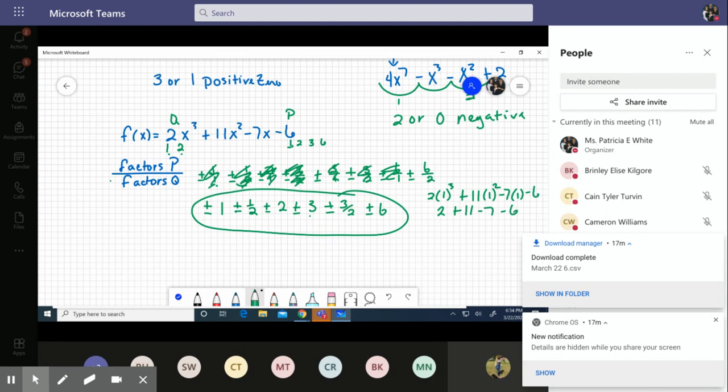Do I get a 0 there? Yeah. So I know what I have: x minus 1. Now how would I find out the rest of it, guys? I've got to go back to last week and use my synthetic division. How do I find out the rest?